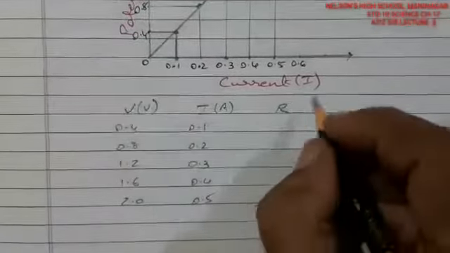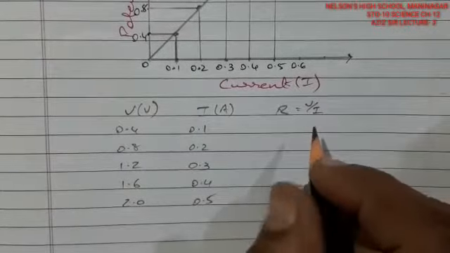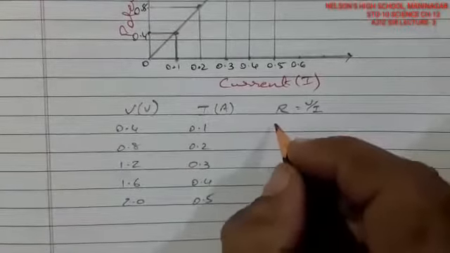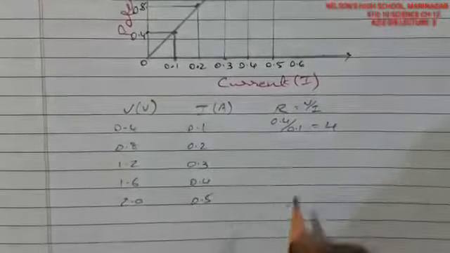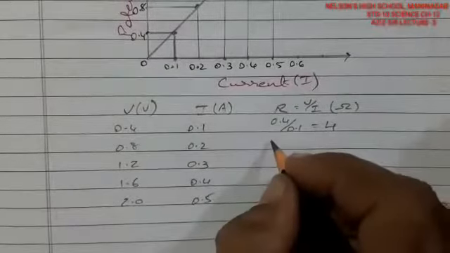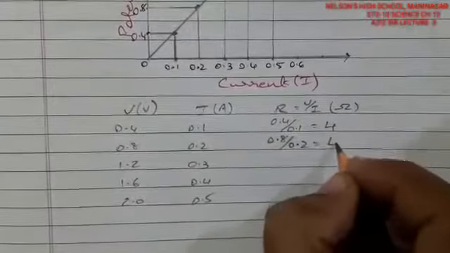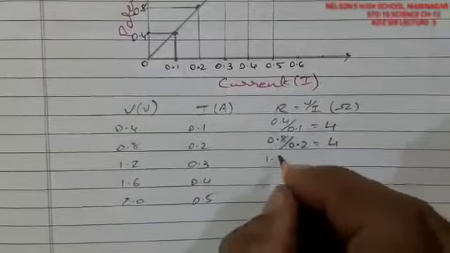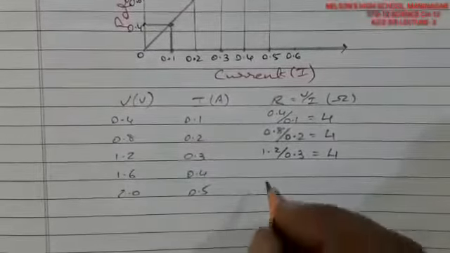Fine. So resistance is V upon I. This is 0.4 upon 0.1, answer is 4 ohms. This is 0.8 by 0.2, again the answer is 4. This is 1.2 by 0.3, again the answer is 4.